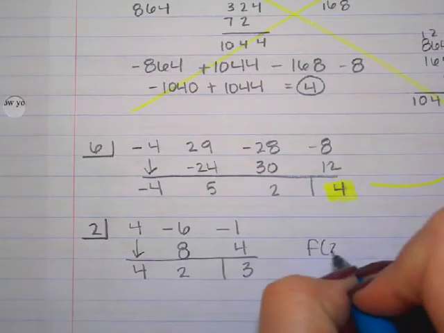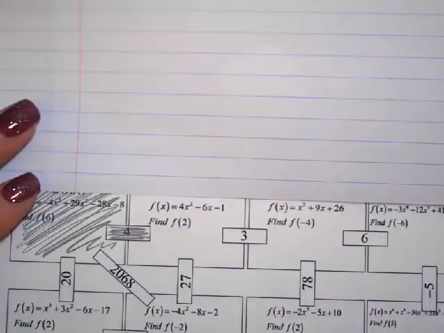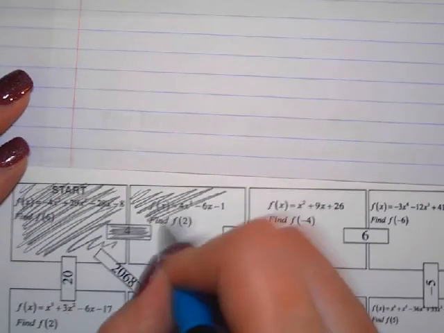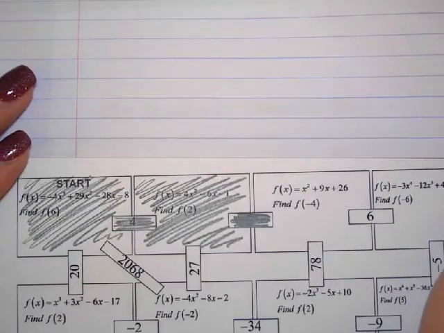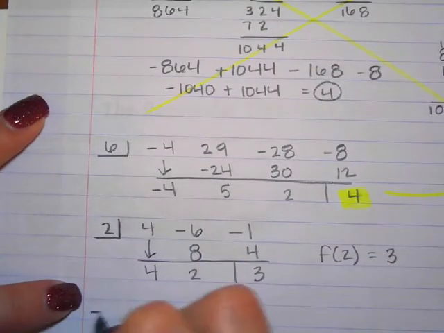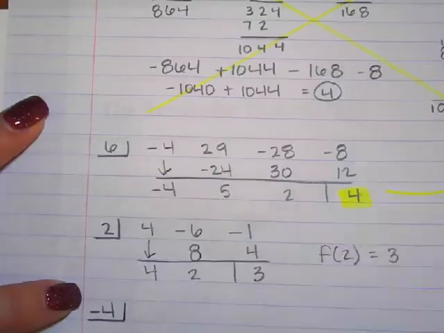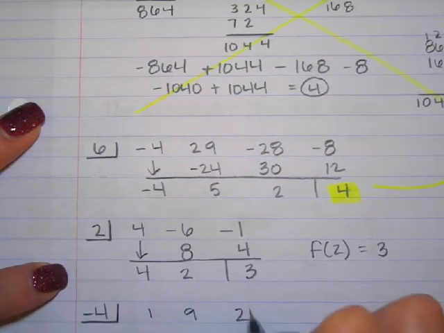So f of 2 is 3. Whew. Wasn't it nice to not really have to do that? Okay, f of -4. 1, 9, 26.